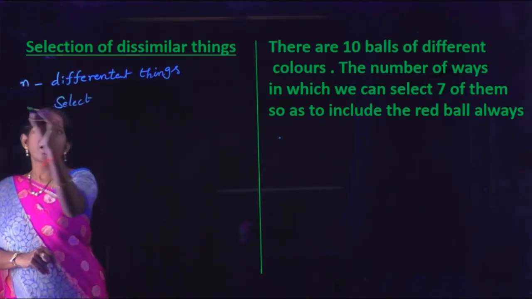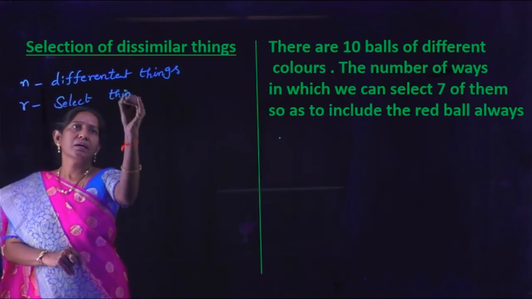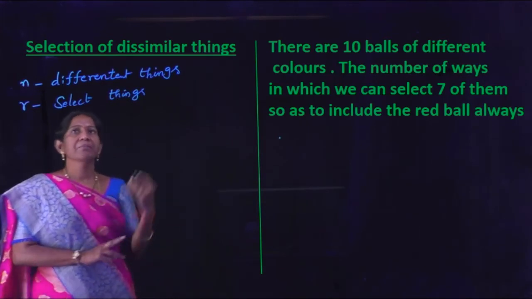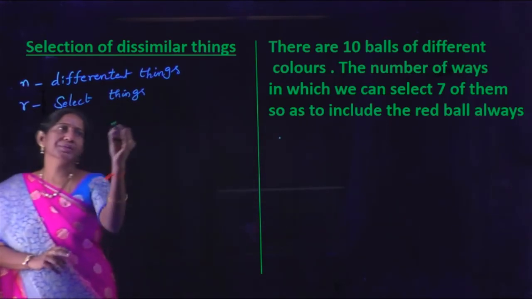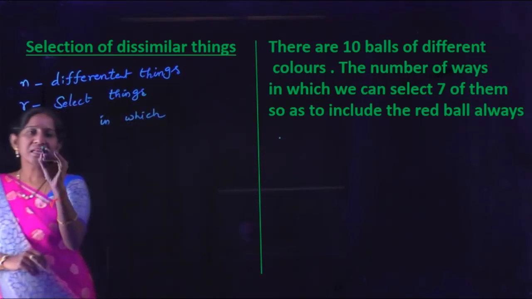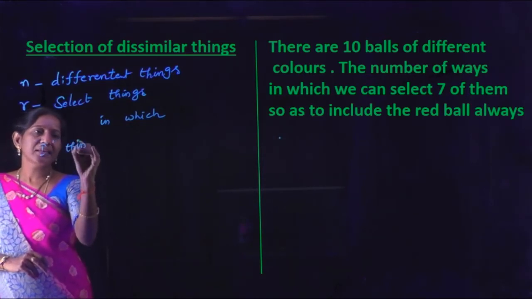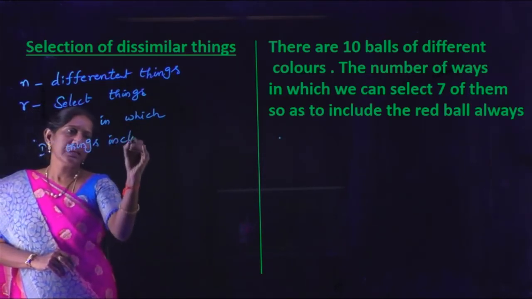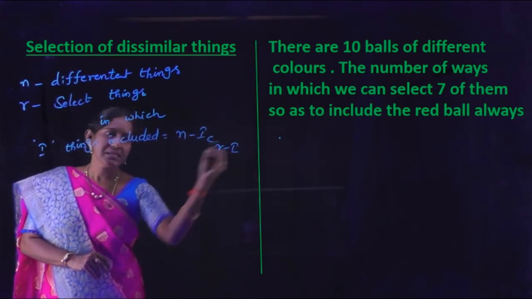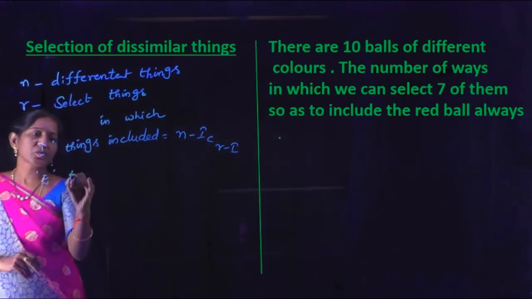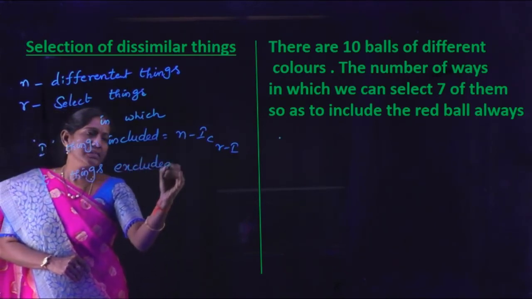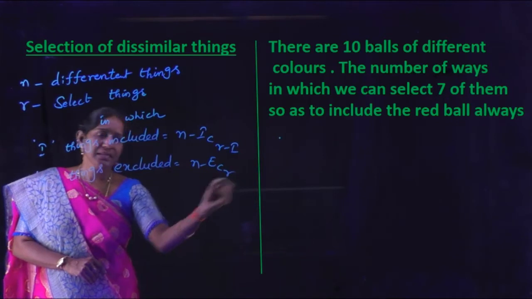So the number of ways of selecting r things from n dissimilar things, in which i things are included, that is (n minus i)C(r minus i). E things excluded, that is (n minus e)Cr.